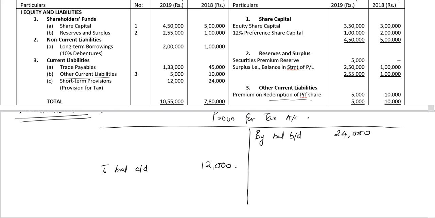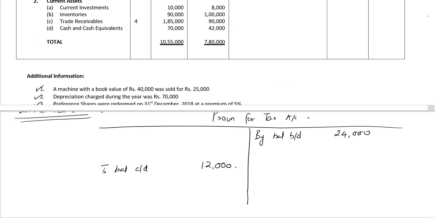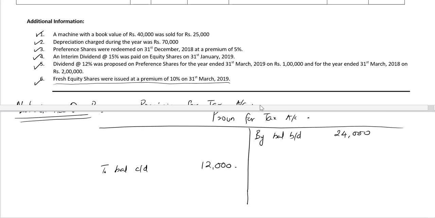There is no information regarding provision for tax or tax paid. No mention in the additional information about these two. So we'll pay off the opening balance of provision for tax to bank account for the tax paid, the opening balance 24,000. And we'll provide for tax by statement of P&L for the provision for tax.